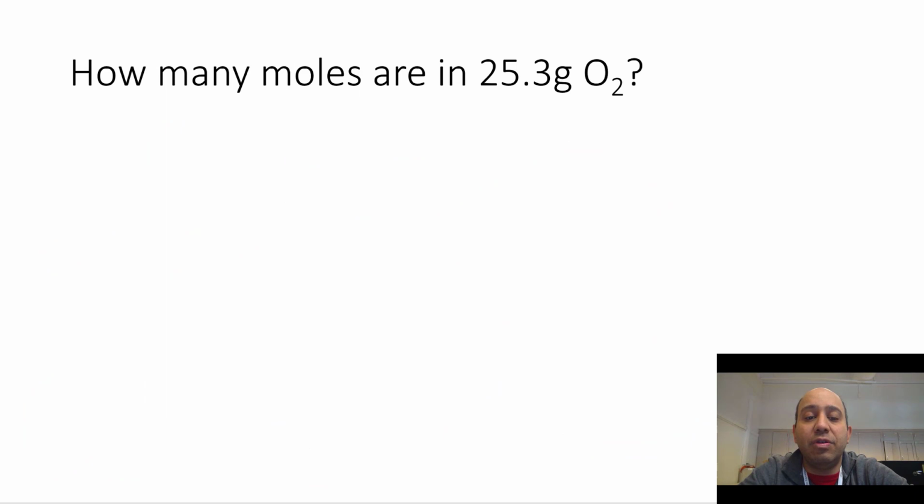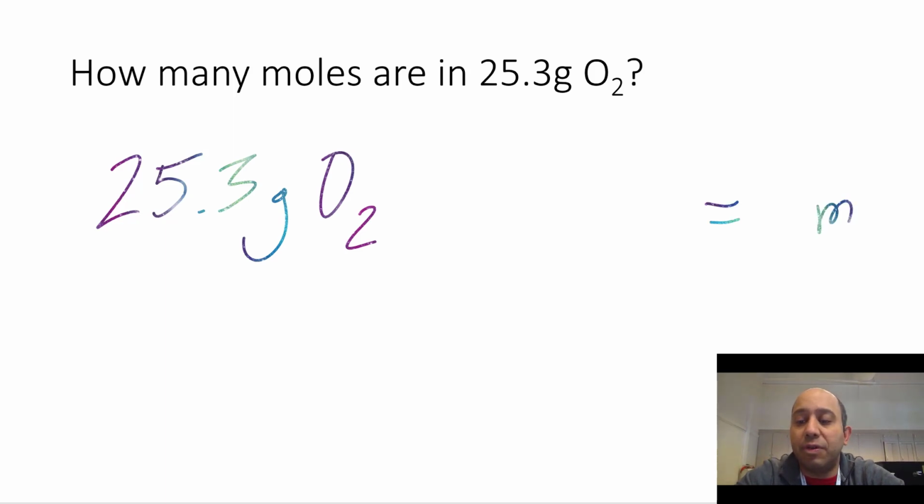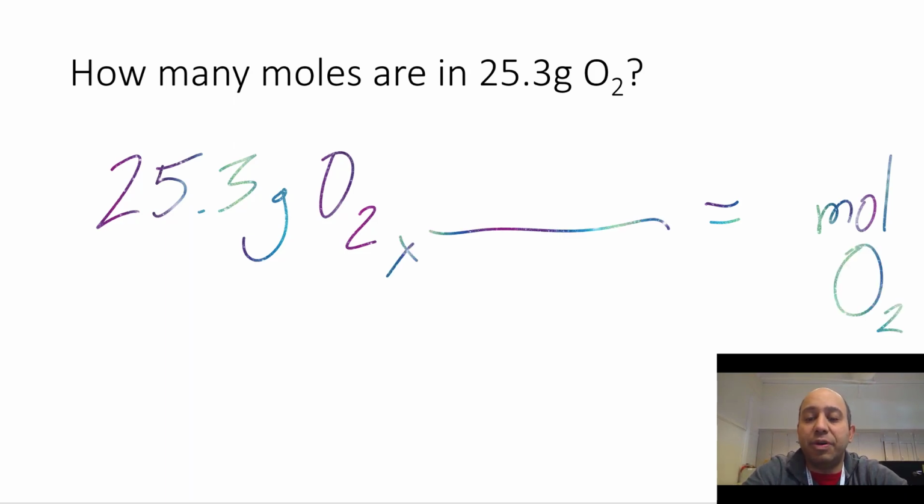So let's quickly review mole conversions. You see 25.3 grams of O2. So you write 25.3 grams of oxygen, and you're solving for moles of oxygen. I'll run out of space here, so I'm going to write it at the bottom. And you put grams on the bottom and moles on the top.